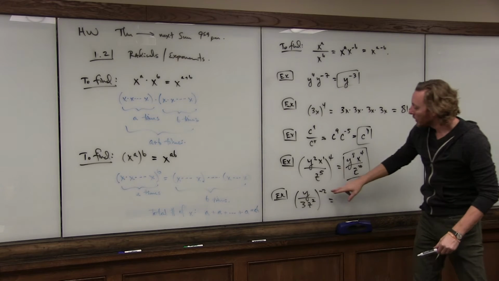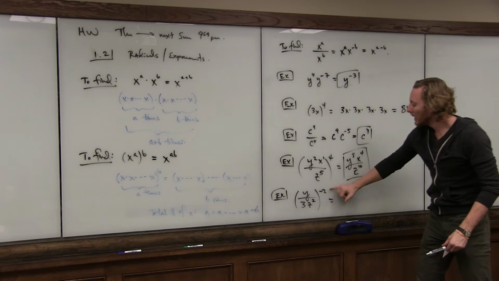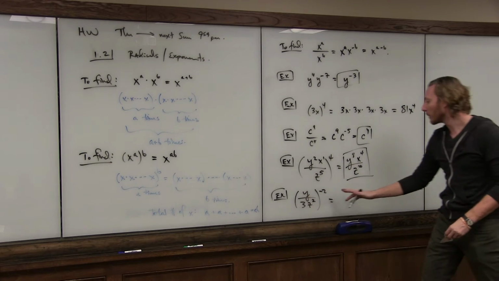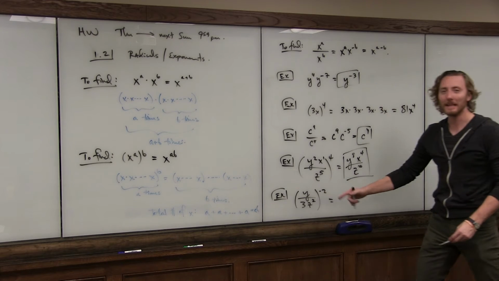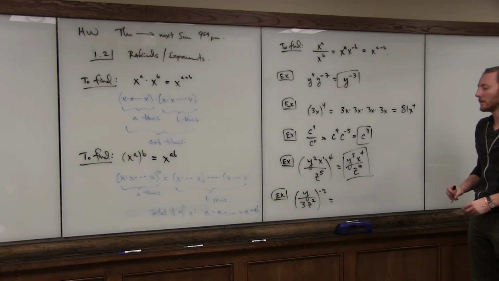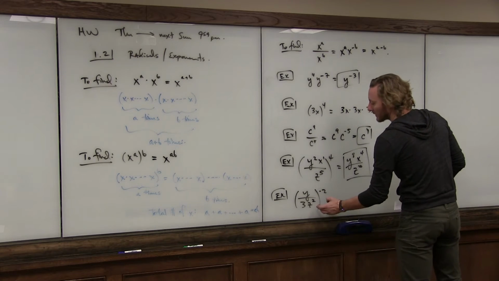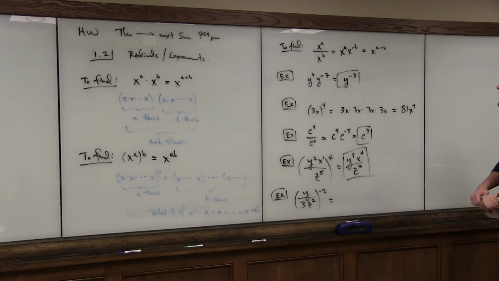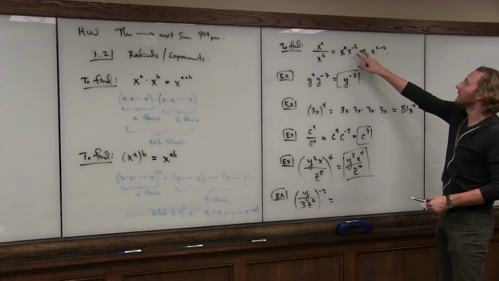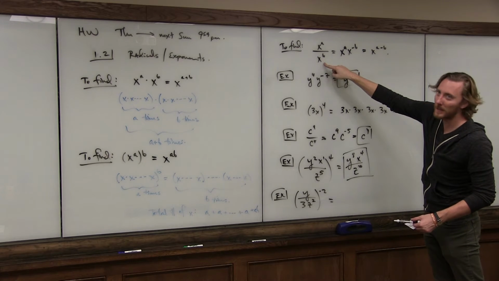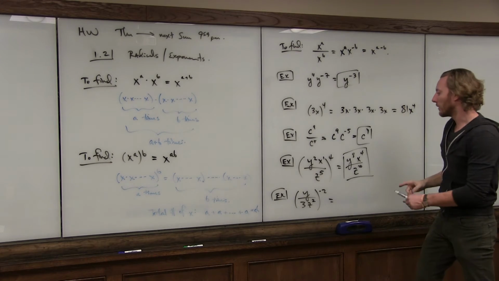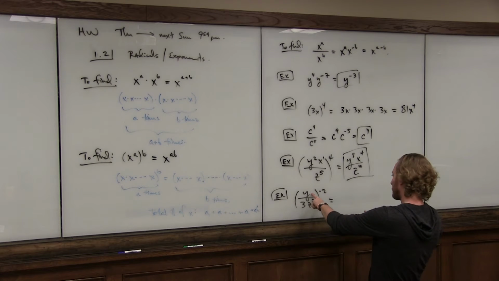So anytime you would be dealing with anything to the negative power, it's just taking what's upstairs downstairs and taking what's downstairs upstairs and making them positive. Negative power brought downstairs becomes positive. So, what do we got here?